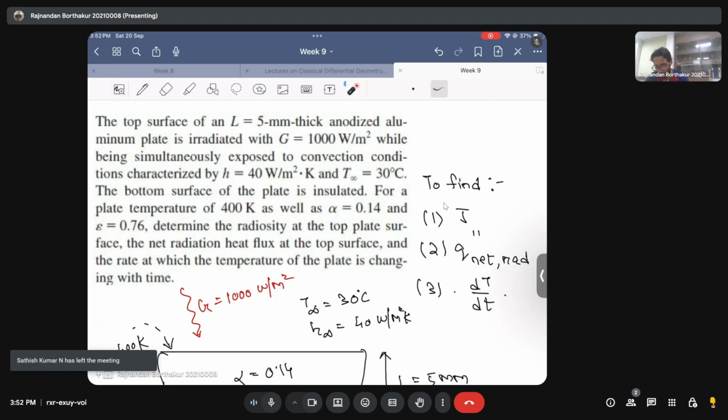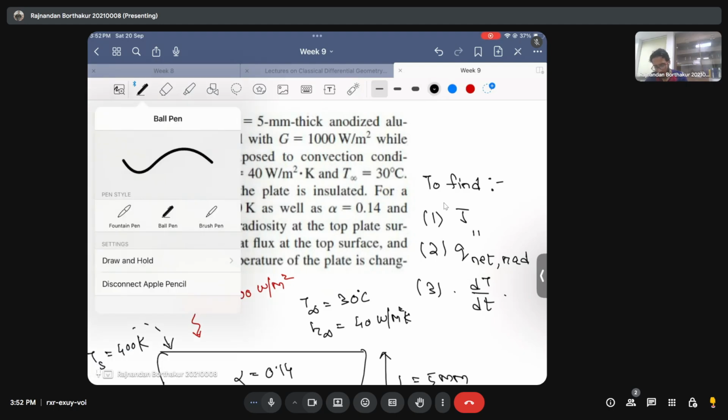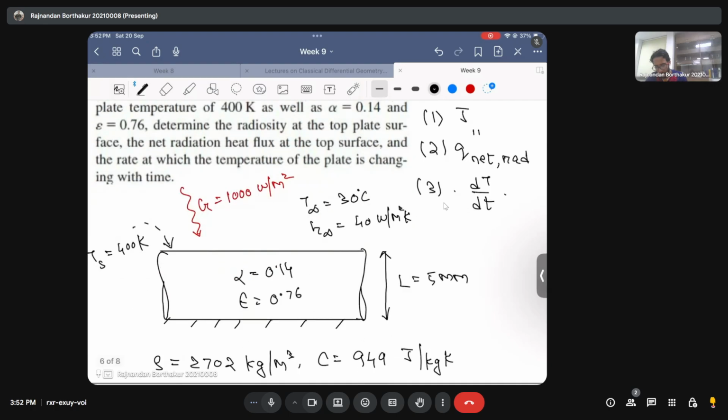Okay, so for this, we will choose a control volume that encompasses this entire body. So this is our control volume of interest.